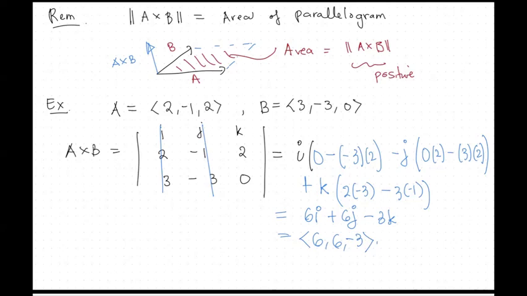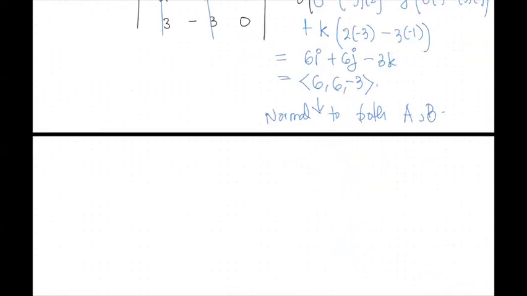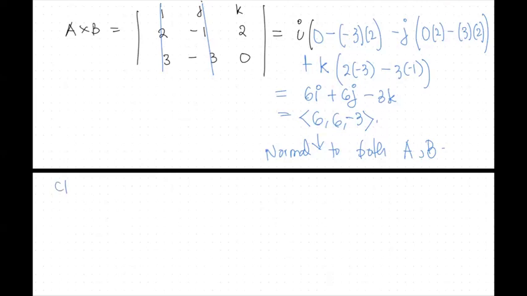So in geometric interpretation, this is a normal to both A and B. Of course, you can verify that if you check this one. Let me shift to black. So 2, negative 1, and 2. If you take the product with 6, 6 and negative 3, you get 0. So verify this.